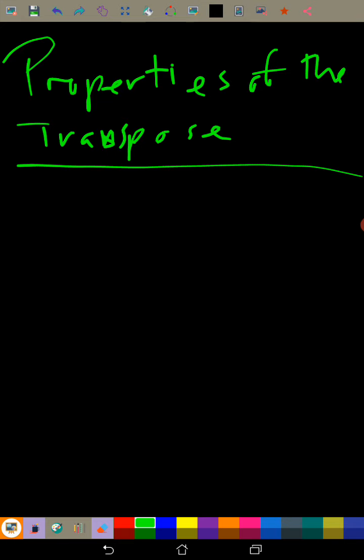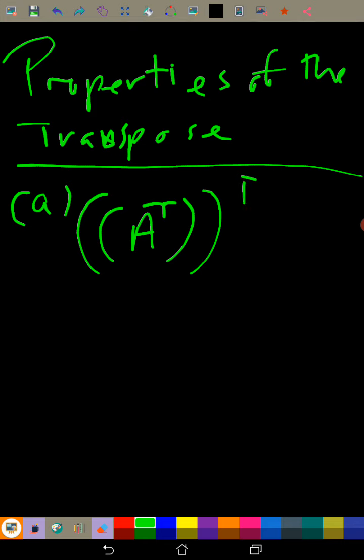So guys, what else? So here are the properties. Properties means that these are things that you might need to know when you're dealing with such things. If you transpose a transposed matrix, you get the original matrix.